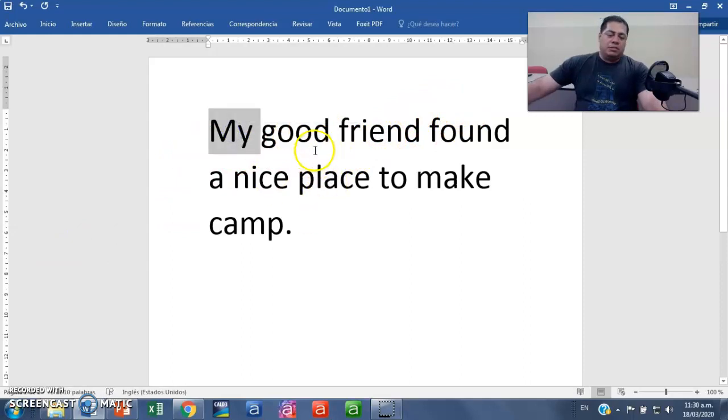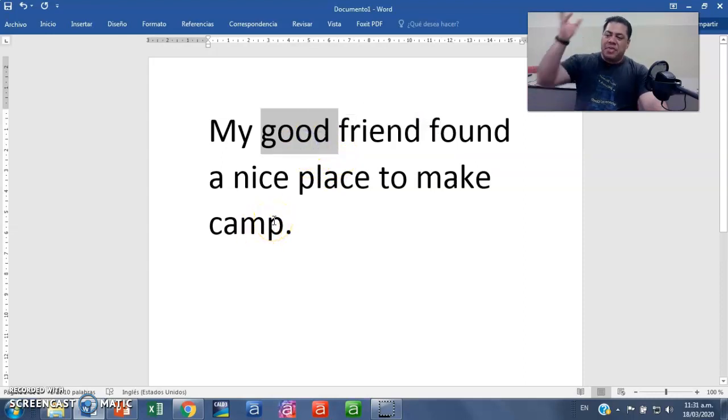My, no, that's not a noun. Good could be a noun, but in this case it's not because it's giving information about friend. Okay? Now, good is a noun when it means bien. Usually we use it in the plural, like saying bienes, the goods, los bienes. Okay? But I'm not using it in this concept right now.